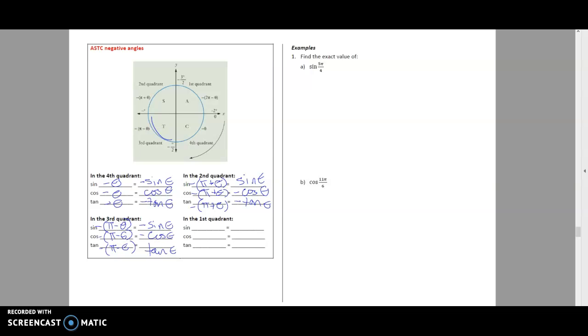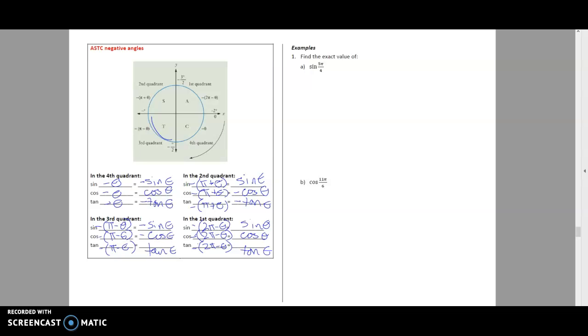The first quadrant is minus 2 pi minus theta. So that's all positive in the first quadrant. Hopefully you're starting to get really confident with knowing which one is positive in which quadrant.